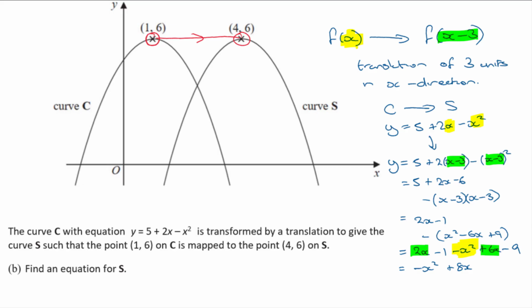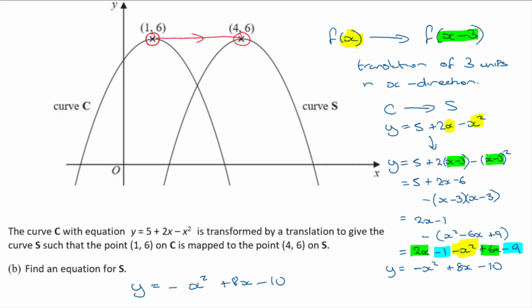And then I've got minus 1 and minus 9 making minus 10. So minus x squared plus 8x minus 10. So that is my equation for S then. Y equals minus x squared plus 8x minus 10.